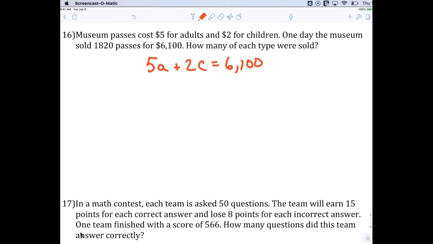And then what? Remember, those are tickets. Yes, that's all it is. That's exactly right. Adult plus children tickets equal 1,820. Is everybody happy with that?